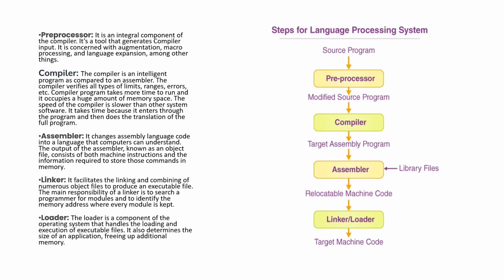Assembler takes the assembly language code and translates it into the language that computer can understand, that is the machine code. The output of assembler, known as the object code, consists of both machine instructions and the information required to store those commands in the memory. After that, it facilitates the linking and combining of numerous object files to produce the exe file.